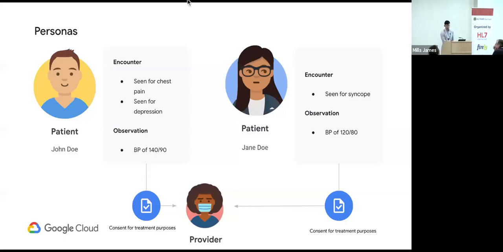I'll switch over to the web demo, which gives us a web UI into the FHIR data and shows how the provider might interact with the patient data. Let me just switch the screen over to the web demo.